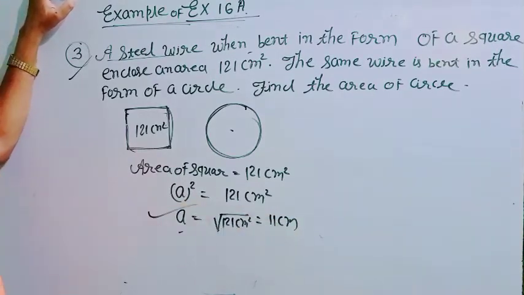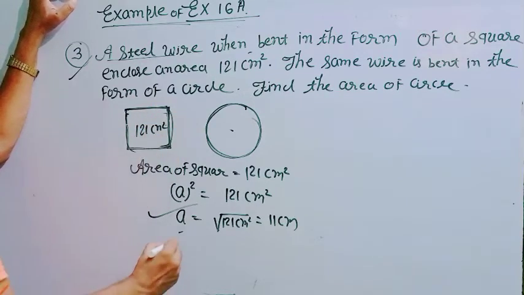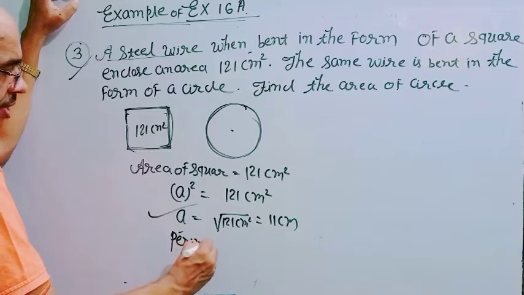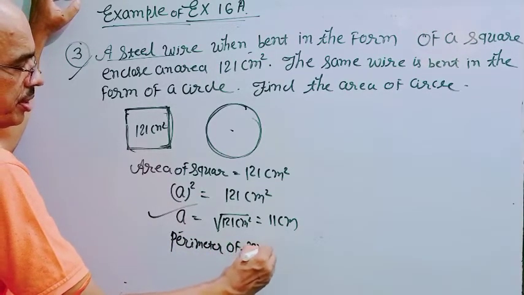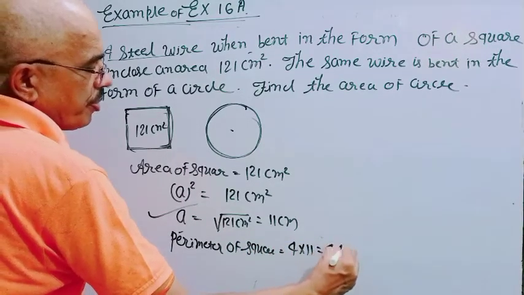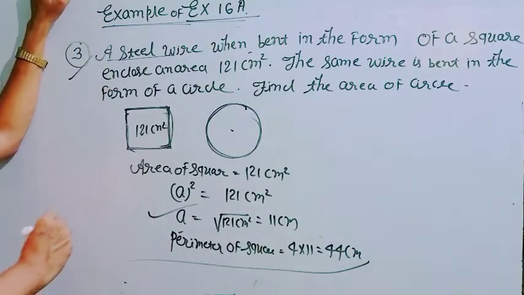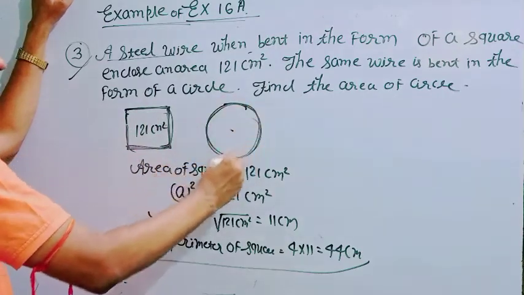If a is 11 cm, then what is the perimeter of the square? The perimeter of a square is 4 into 11, that is 44 cm.